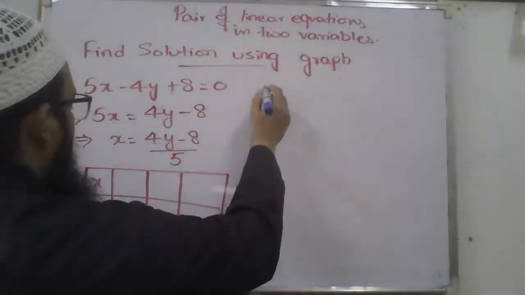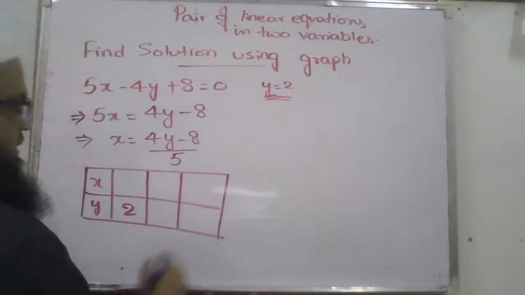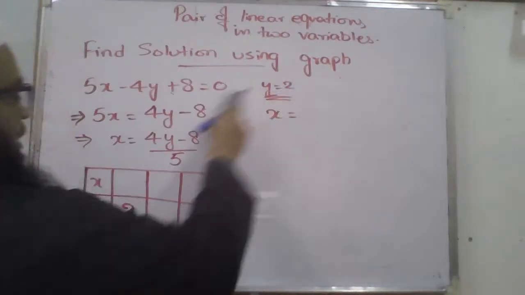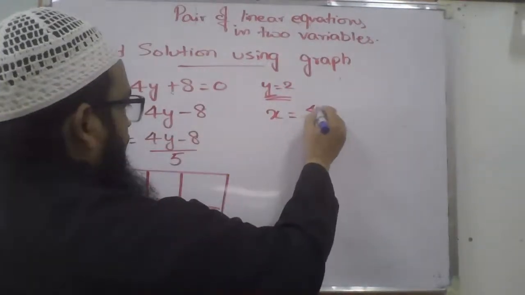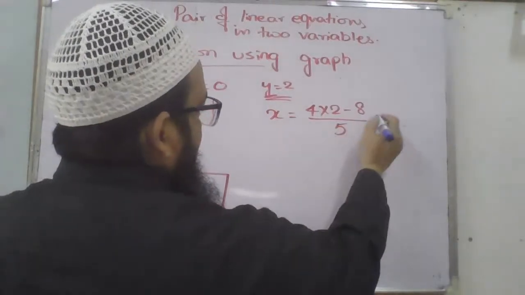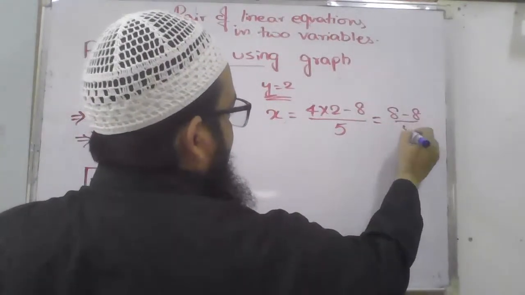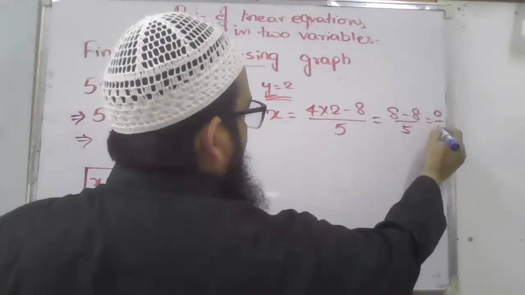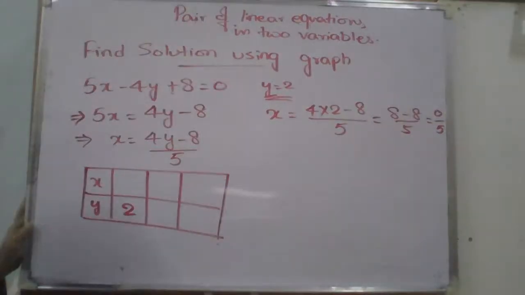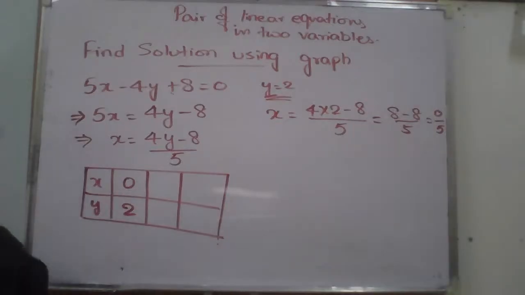Dear students, let us substitute y is equal to 2. x is equal to, in place of y, keep 2, 4 times 2 minus 8 divided by 5. So 4 twos are 8, 8 minus 8 divided by 5, that is equal to 0 by 5. What is the value of x? 0 by 5 is 0. Do you understand, my dear students? So you got it right.